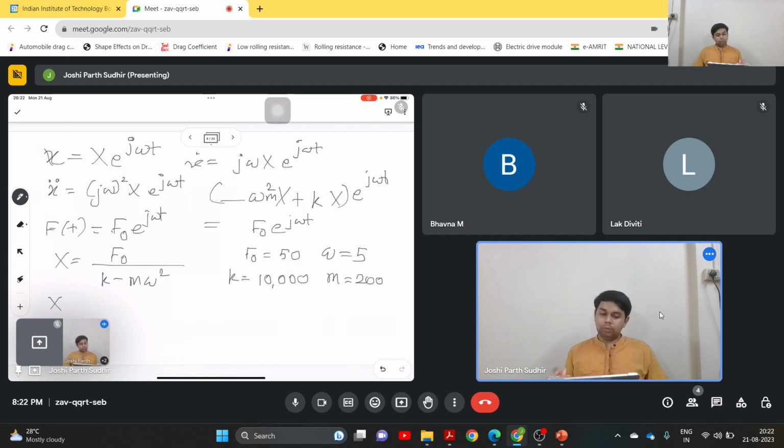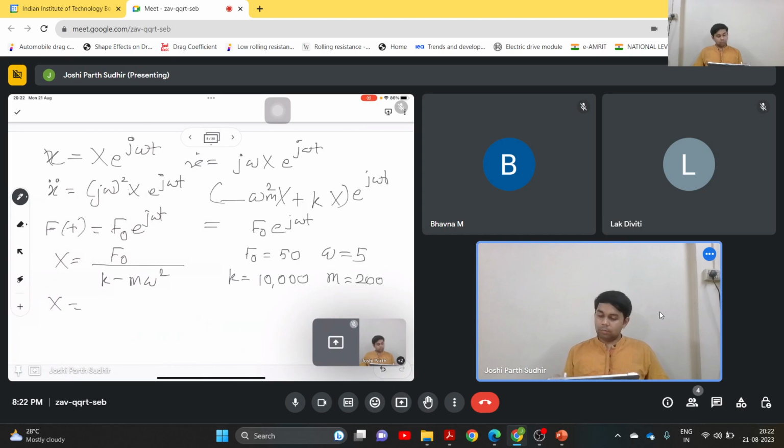So therefore X will become 50 upon, so X will be basically 1 by 100 meter or 0.01 meter or 10 millimeters.